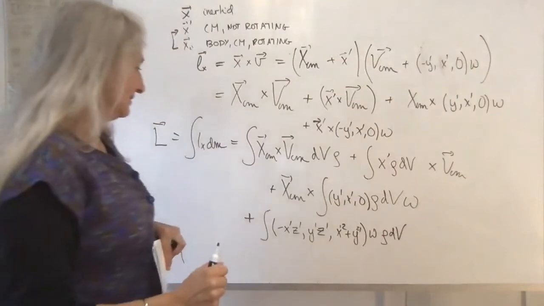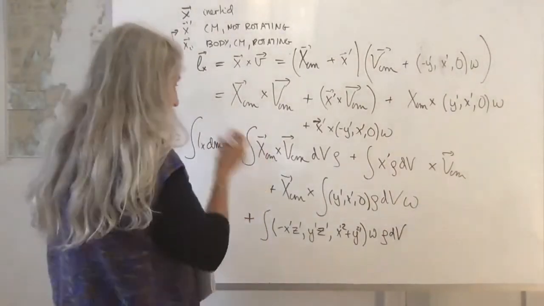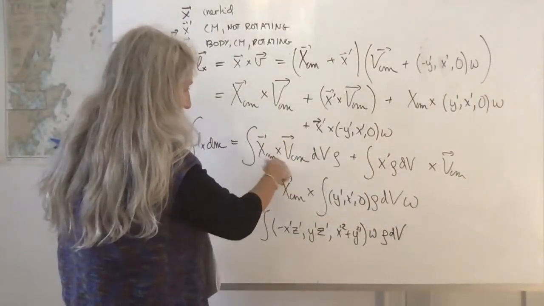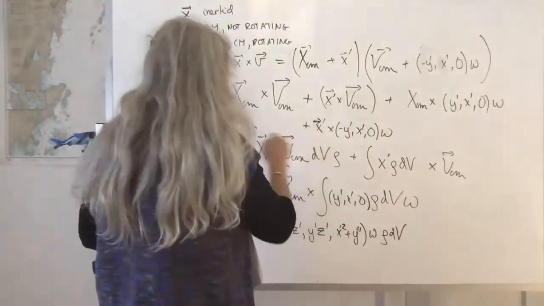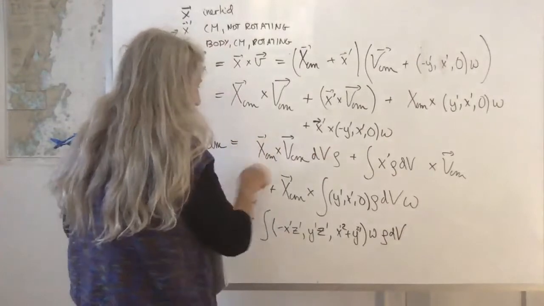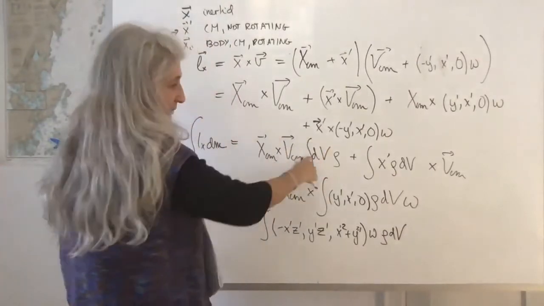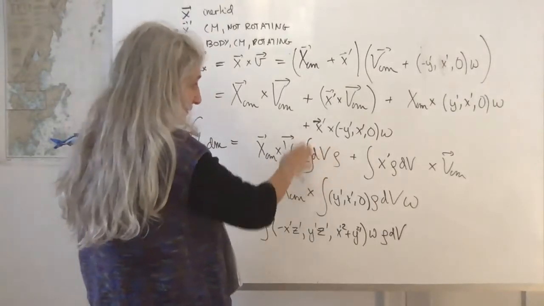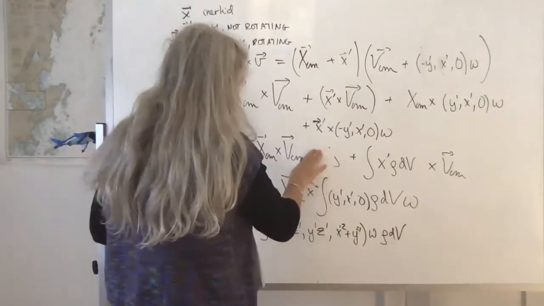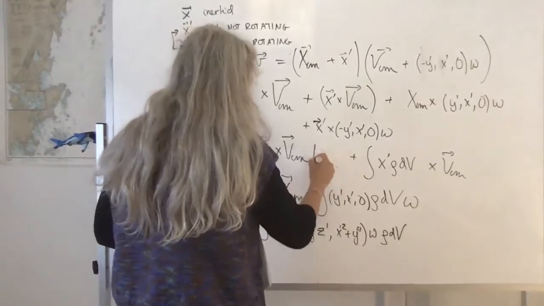Okay, good. These terms are not dependent upon where you are in the body, so we could move the integral to just be over the body. When we integrate the mass distribution over the body, this is just the total mass, so I can replace this with the total mass.